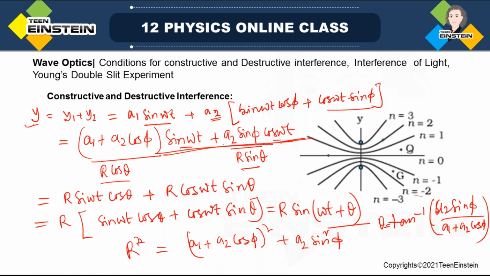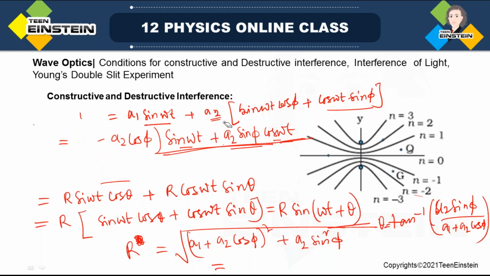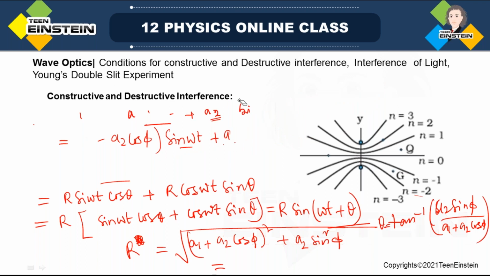If I take the square root of this term, then I get the amplitude of this wave. I'll just remove this part. The figure on the right hand side has some specific meaning, we'll discuss that.